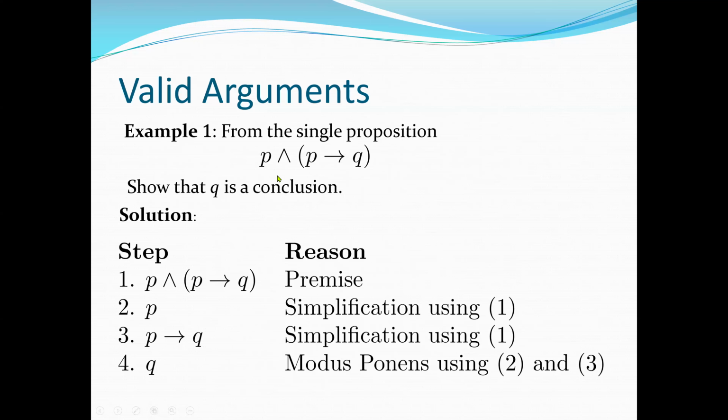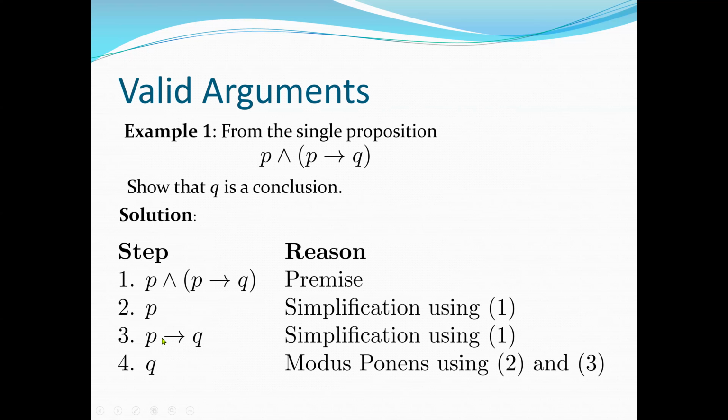So let's see example 1. From the simple propositions, we can say P and P implies Q. Show that Q is a conclusion, which means here we're going to say P and P implies Q. We write down our P. Then next we say P implies Q using the simplification.